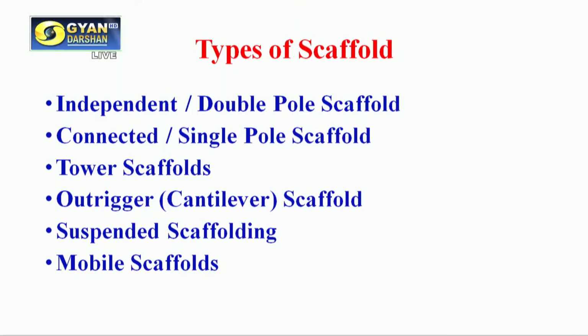So for such works, where frequent movement from one place to another on the same work is required, we provide the mobile scaffold. As is clear from its name, a mobile scaffold has mobility, meaning you can move it from one point to another, because it has rollers.